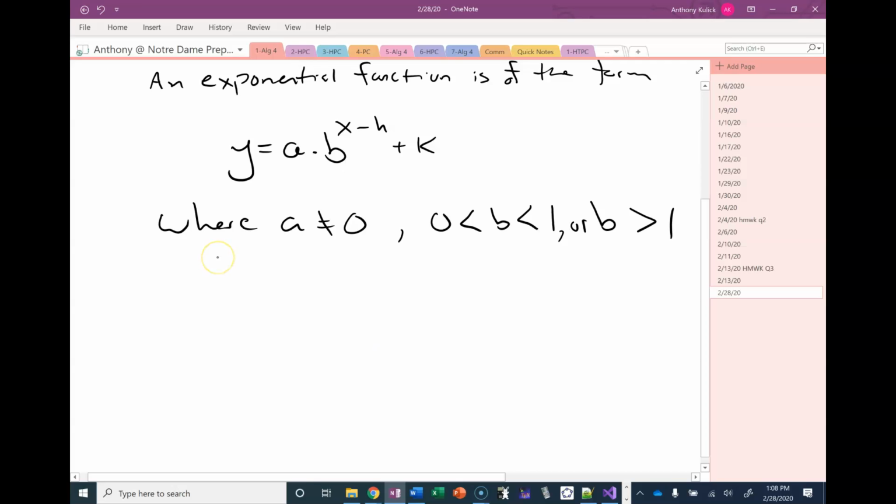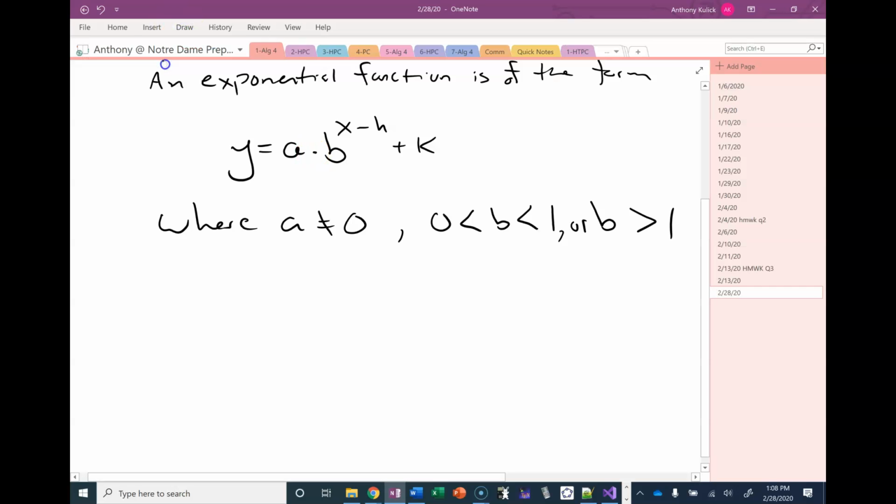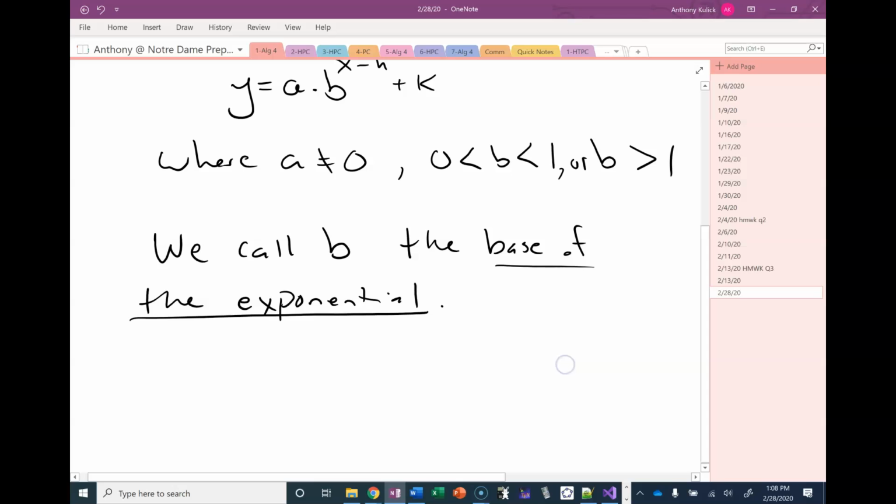So we're going to call b the base of the exponential. And there's two types of exponential functions.